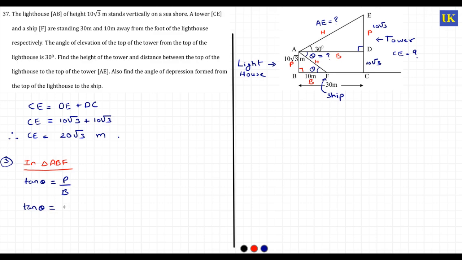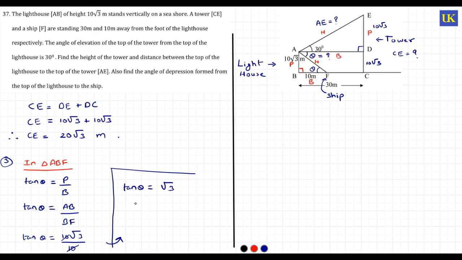So perpendicular is AB and base is BF. Tan theta is what we have to find out. AB is 10 root 3, and BF is 10. So 10 and 10 will get cancelled. So tan theta is equal to root 3.